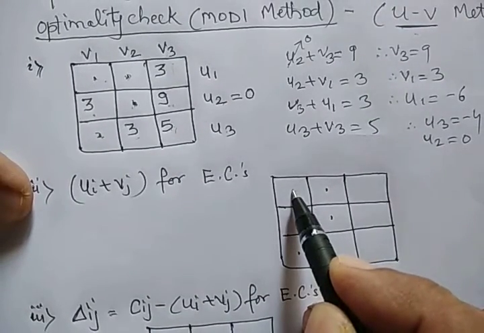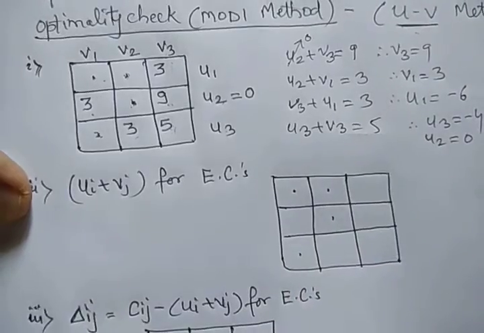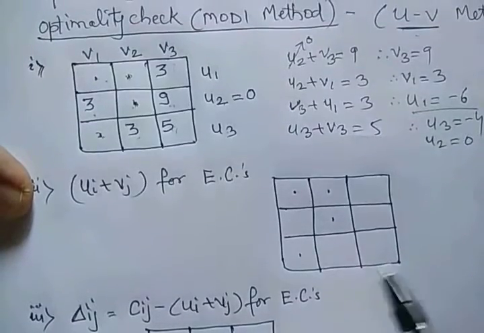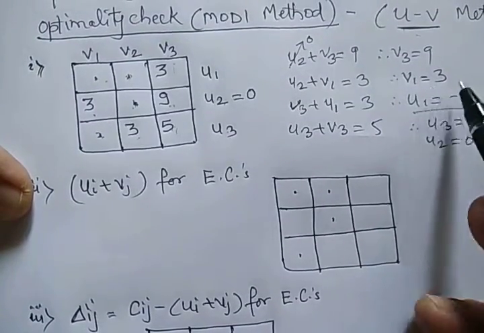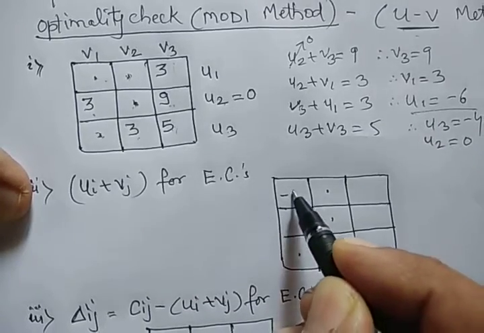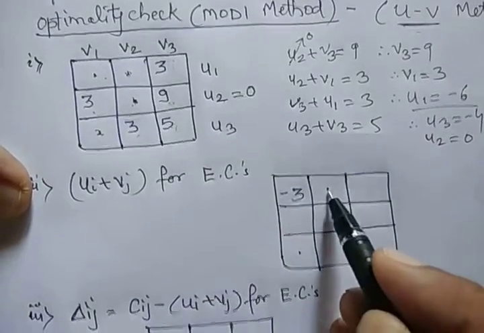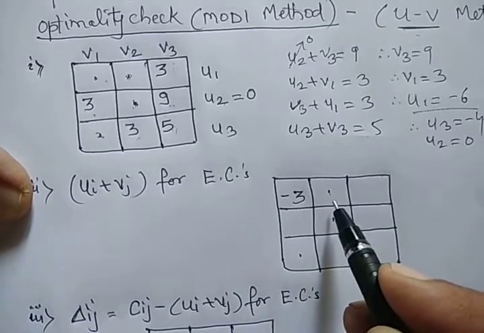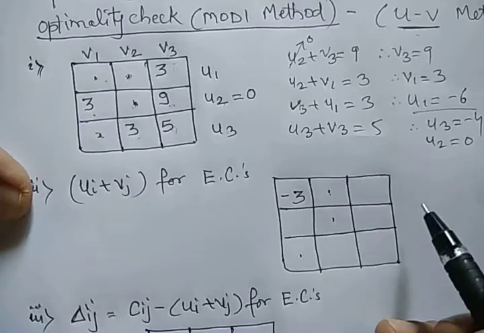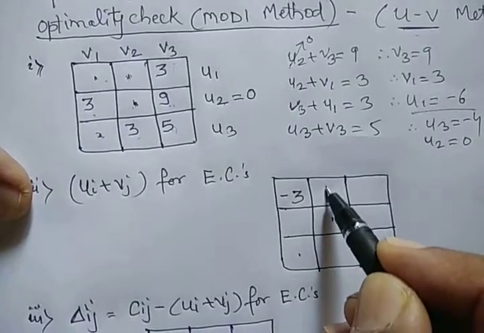What is the value here? U1 is minus 6 and V1 is 3. So therefore Ui plus Vj I get here minus 3. What is the value here? U1 plus V2. U1 is minus 6. V2 is 7. So we get the value here 1.